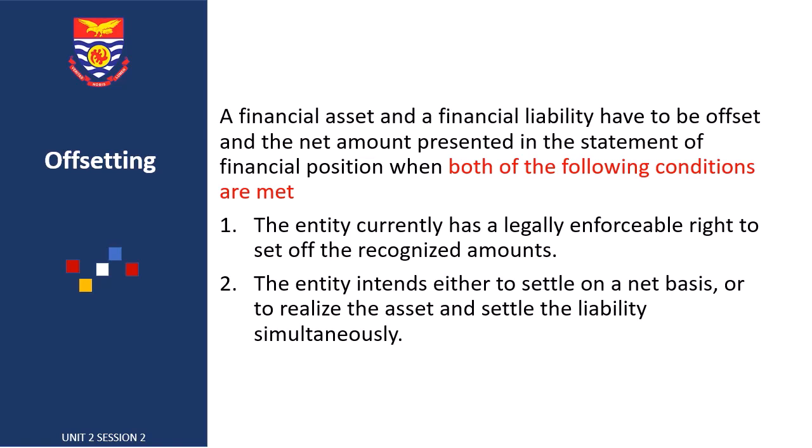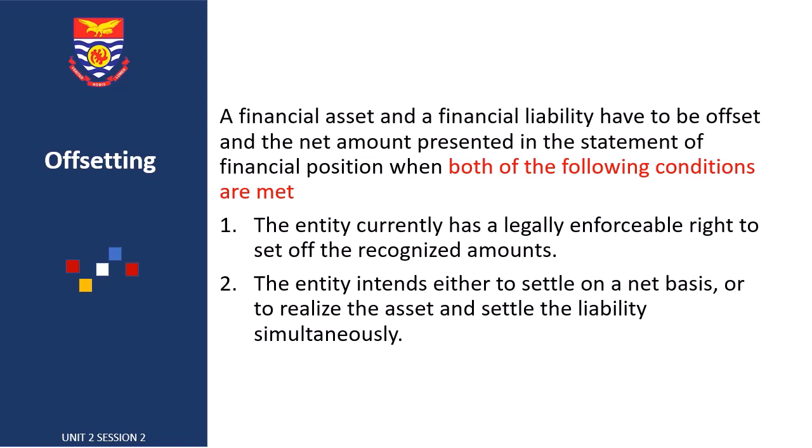And then the second is that the entity intends. So the legal enforcement is not there, but the entity now intends either to settle on a net basis, that is taking a liability from the asset, whatever is left, then you settle, or to realize the asset and settle the liability simultaneously.